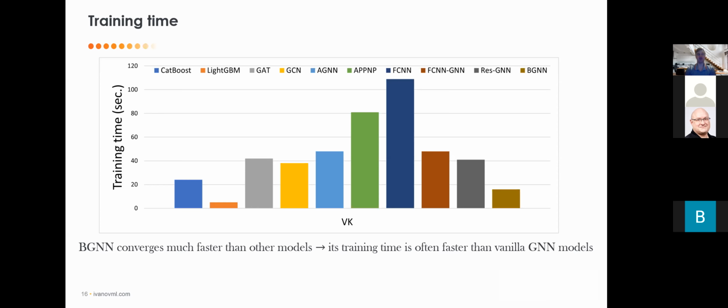When the validation metric doesn't improve, you can stop early. BGNN on the right takes 20 seconds to converge on the house dataset and the VK dataset, while GNN models such as Graph Attention Network, GCN, AGNN, and APPNP take much longer, sometimes two or three times more than what BGNN requires.